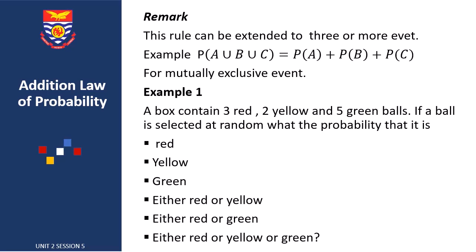Let's start with a nice example. Example 1. A box contains 3 red, 2 yellow, and 5 green balls. If a ball is selected at random, what is the probability that it is: A, red; B, yellow; C, green; D, either red or yellow; E, either red or green; and F, either yellow or green.